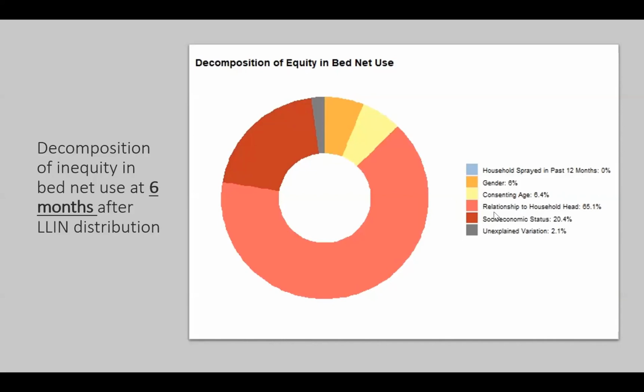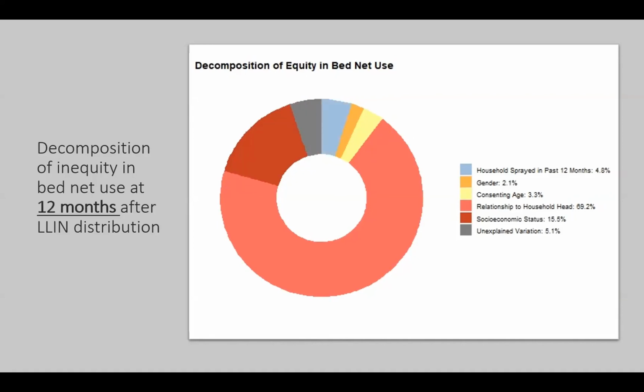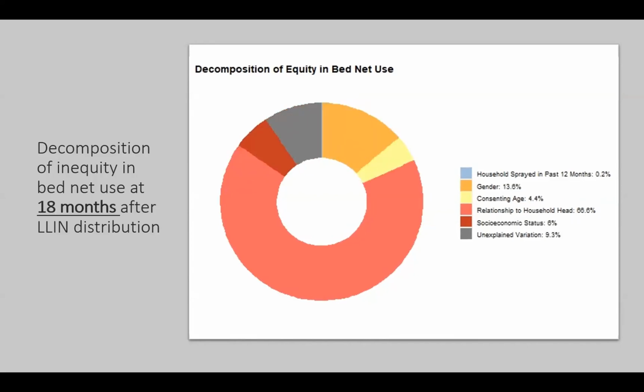Still, what we're seeing is that the relationship to the household head was a big contributing factor to the variation in LLIN or bed net use. And likewise in 18 months, the relationship to the household head, which was around 66.6%, was the biggest contributor to LLIN use.